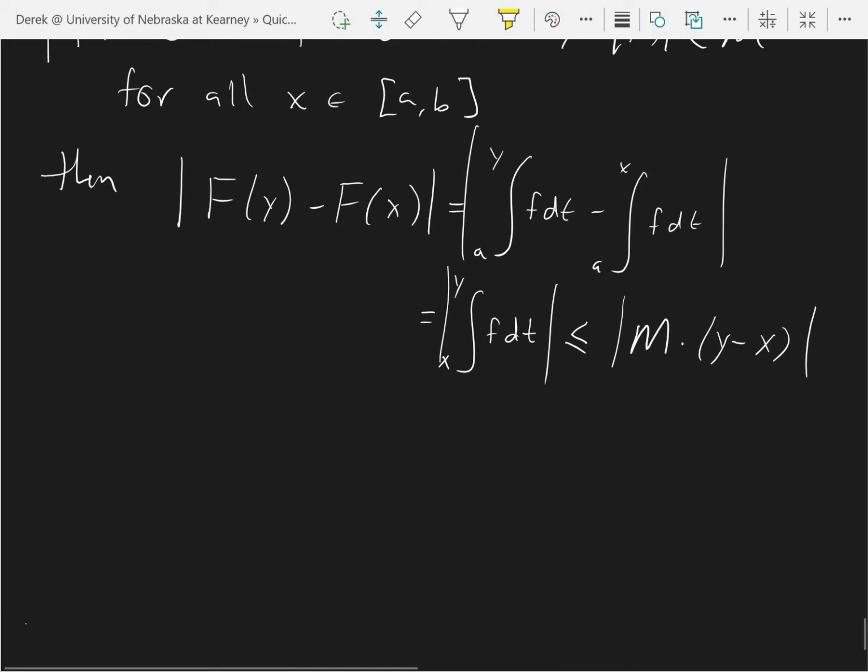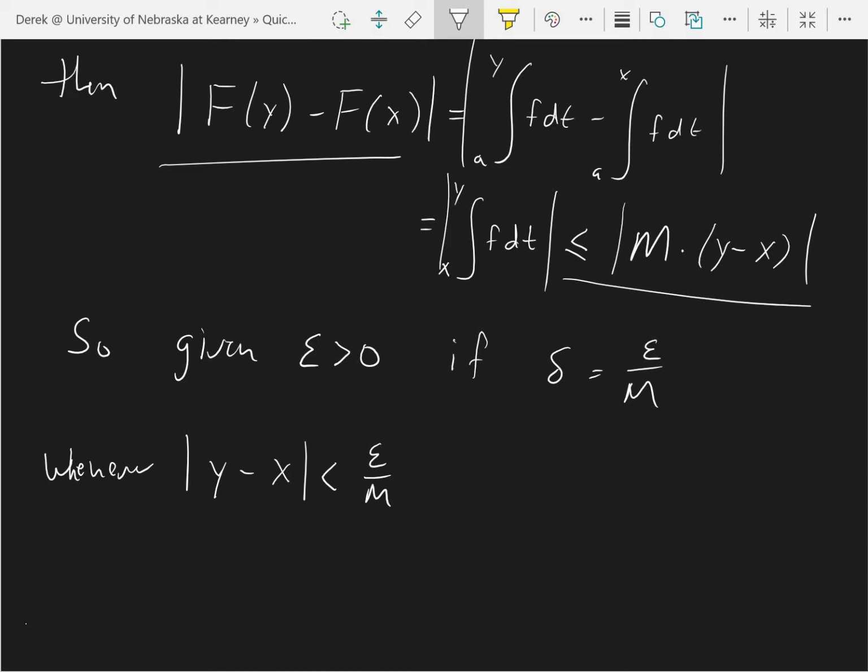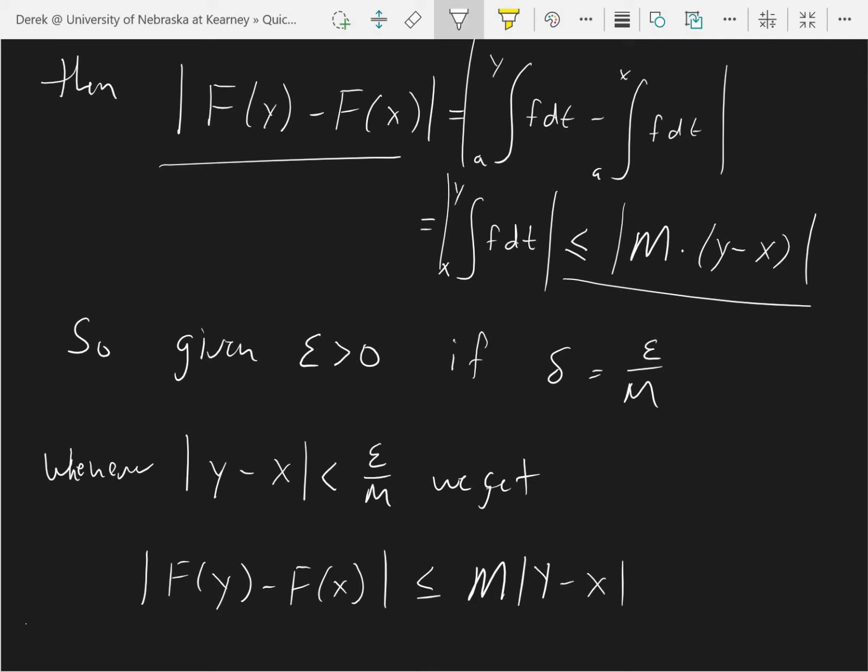Okay. So, given epsilon bigger than 0, let delta equal epsilon over M. Whenever the absolute value of y minus x is less than delta, using the statement above, we get that capital F of y minus capital F of x in absolute value is less than or equal to M times the absolute value of y minus x, which is strictly less than epsilon over M times M, which equals epsilon.